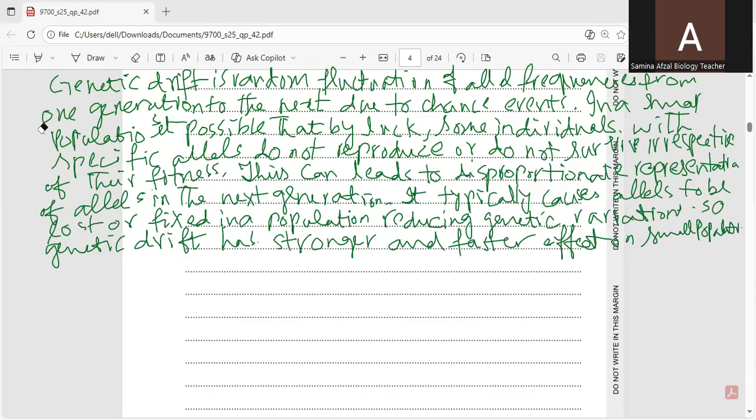The second, the founder effect, is a specific form of genetic drift that occurs when a new population is established by a very small number of individuals that are isolated from a much larger parent population.